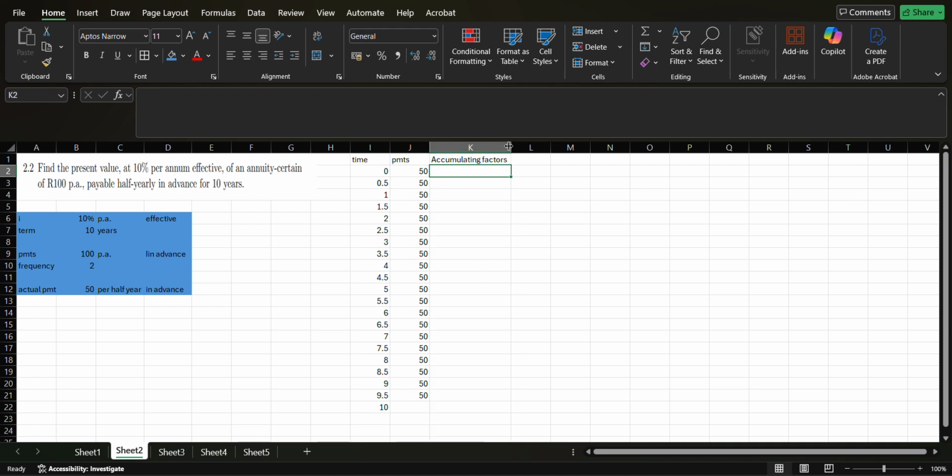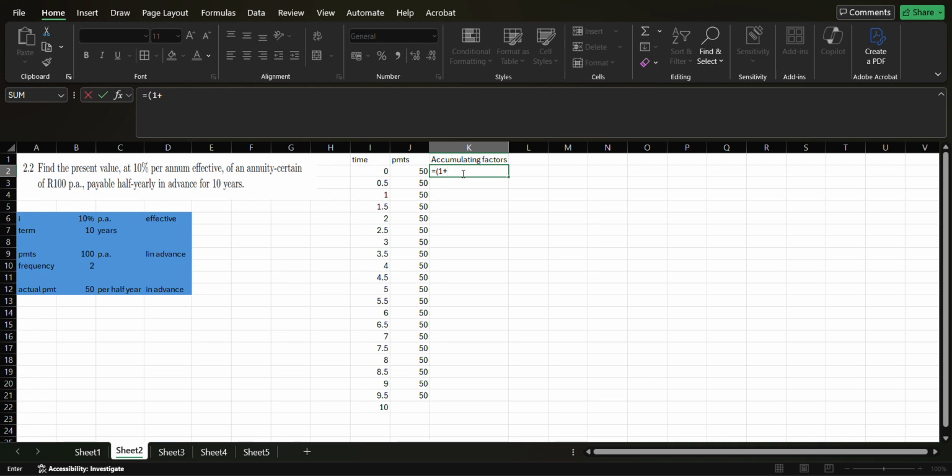Now, this is a bit different from the discounting factors because it is 1 plus i. It's 1 plus i, and we're going to fix i. So F4 to the power of, and we're not going to have a negative power. It's not going to be to the power of t, okay? It's going to be to the power of where you're going, which we want at time 10.